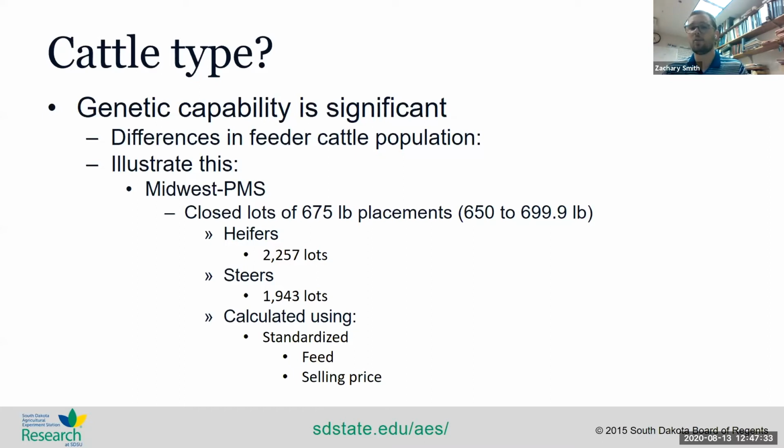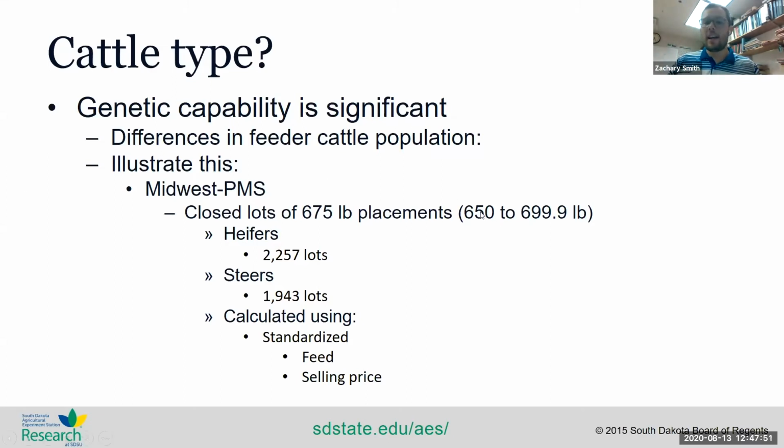This included 2,200 heifer lots and 1,900 steer lots. These animals in this particular example would have been placed at an average weight of 675 pounds, so 240-day cattle up in this part of the world.